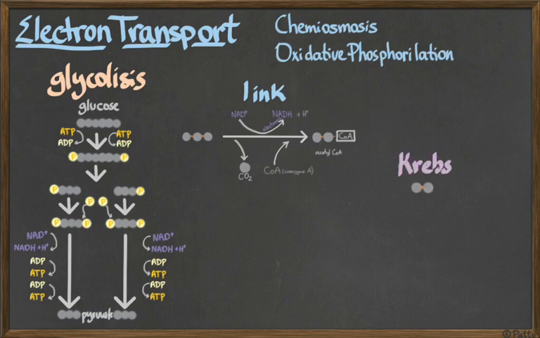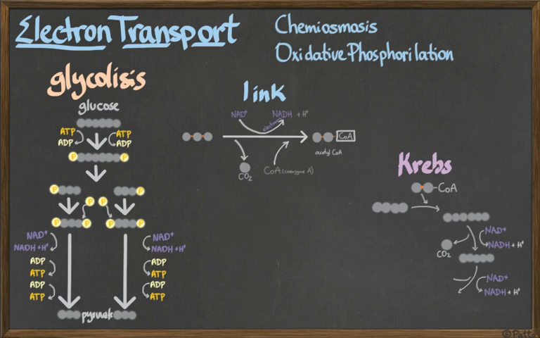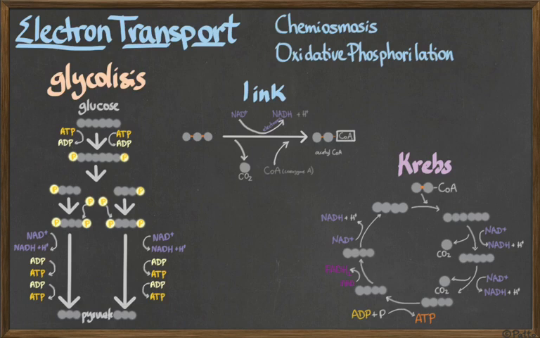Acetyl coenzyme A goes into the Krebs cycle, and by turning the Krebs cycle, you produce more NADHs: 3 NADHs per acetyl coenzyme A and 1 FADH2, which is a fancy NADH, twice as much for every glucose.